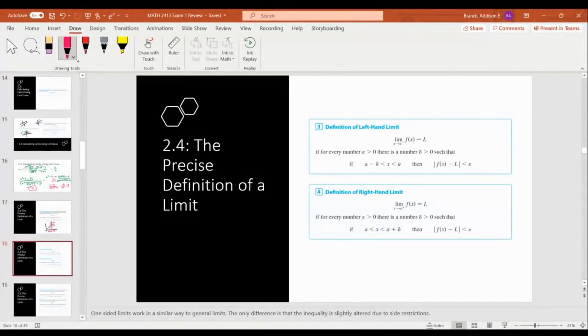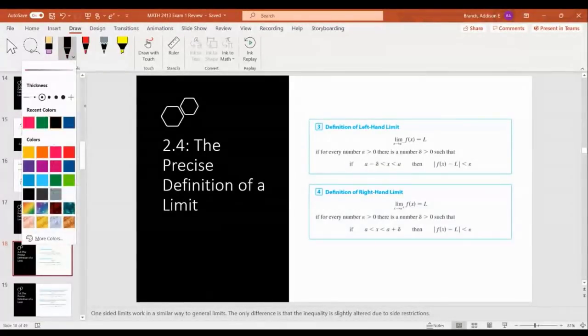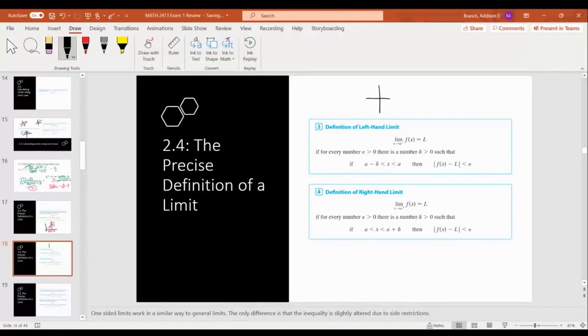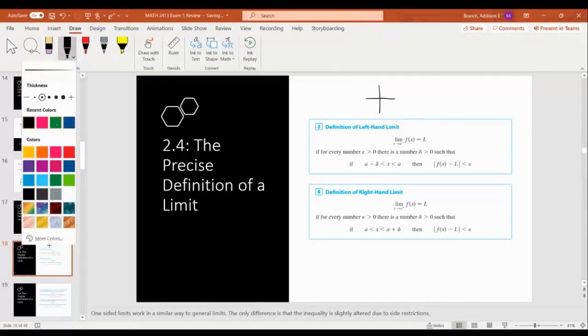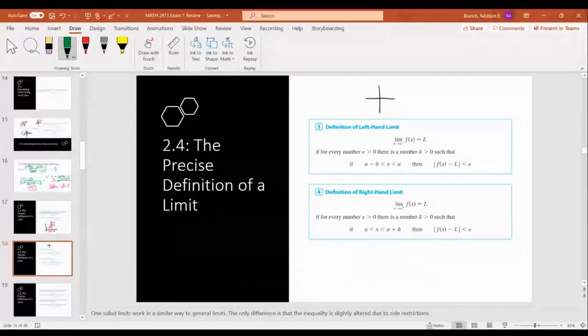So for example, if we have a left-handed limit like that, and we have our function, and we know that this is our a, all we care about is a minus delta. We don't care about a plus delta because all we care about is that left-handed limit. So that's why that inequality gets changed to a minus delta is less than x, which is less than a.